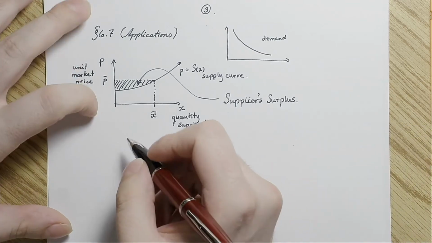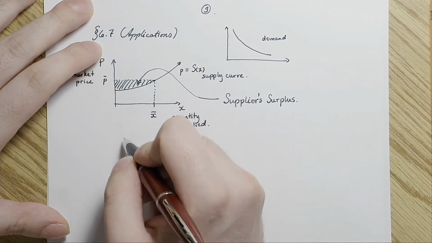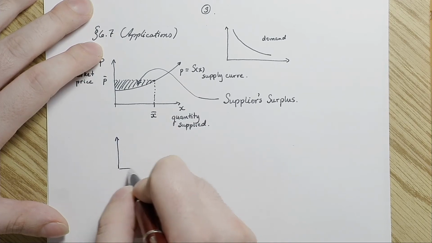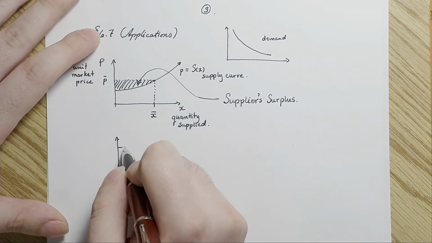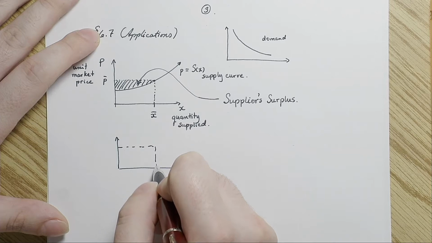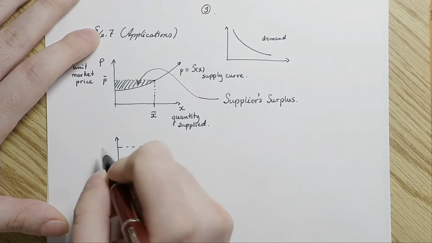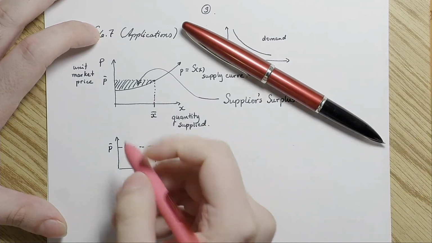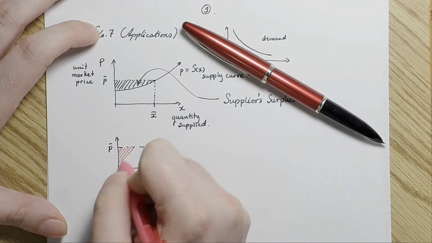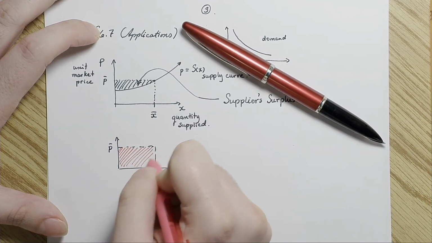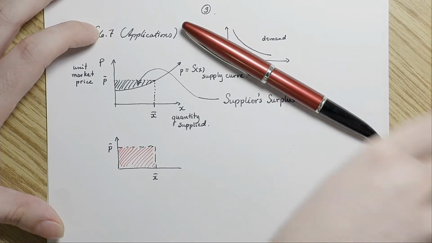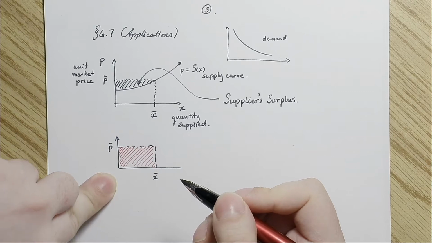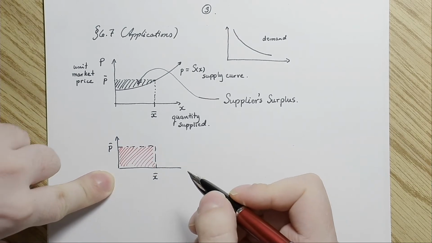So we need this area, but to get to that area, we'll calculate this entire area. That area is easy for us to calculate because it's just a rectangle.